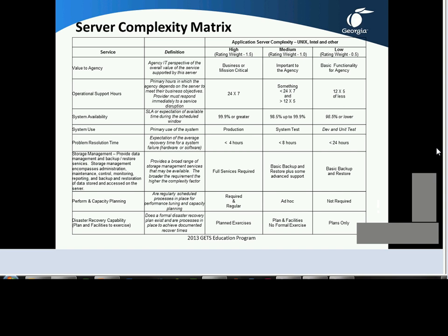You'll notice that under high, medium, and low you have various levels of service and system use available. How an agency chose these support needs for their server instances at commencement, and when adding new application server environments or through server consolidation, determines that instance complexity level, and this is the matrix to get there.